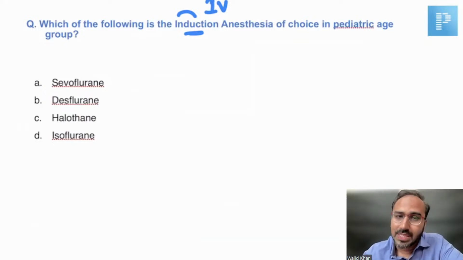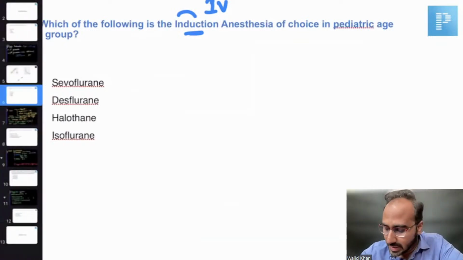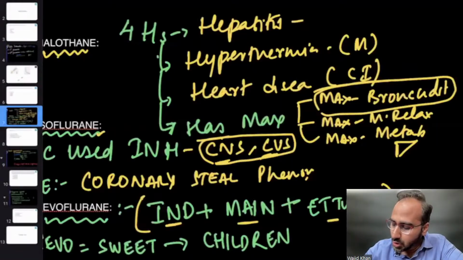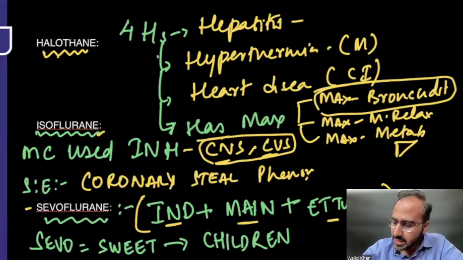But as children do not allow you to put an IV cannula, we can go for inhalational induction. And again in the LRR session, while we were discussing the inhalational agents, I had mentioned this. This is the slide that I had. These are the slides which I have picked up from the LRR session, guys.